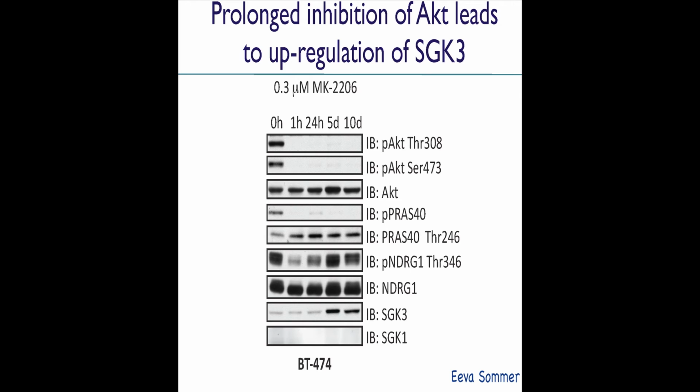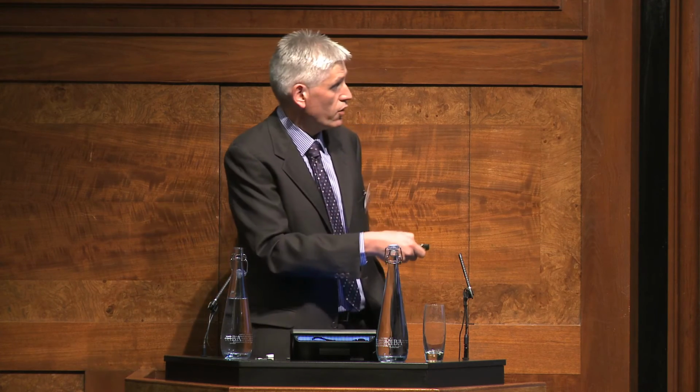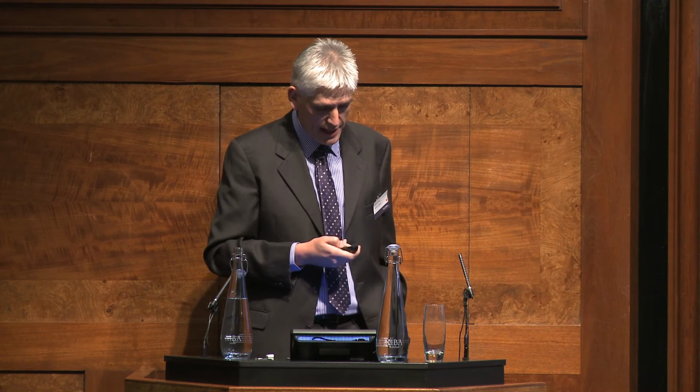Particularly one isoform of SGK called SGK3 starts becoming upregulated, and when this is upregulated, you actually get phosphorylation of its substrate appearing in cells. In virtually every single cancer cell line that we've tried, after you treat them with an AKT inhibitor for up to 10 days, you start getting this upregulation of SGK3 that counteracts the AKT inhibitor therapy.